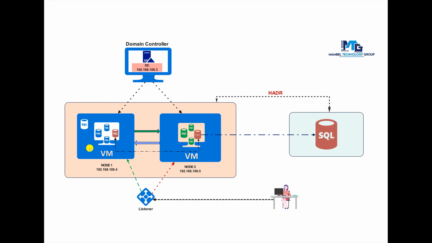So if a disaster was to happen and let's say node 1 completely crashes or the entire server goes down, only databases within the availability group will fail over, as you can see with the 4 databases represented on node 2 here. Now the isolated database definitely will not fail over, and that is definitely going to cause a downtime.